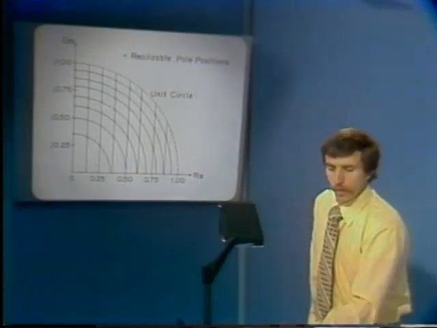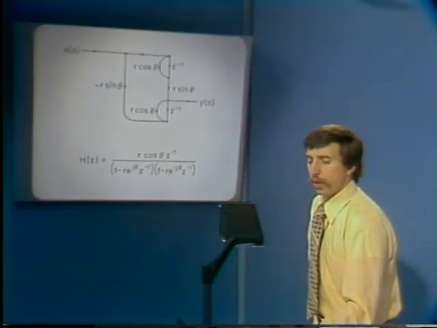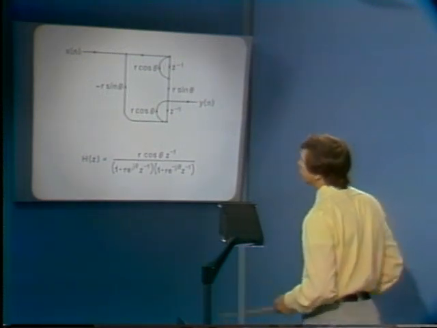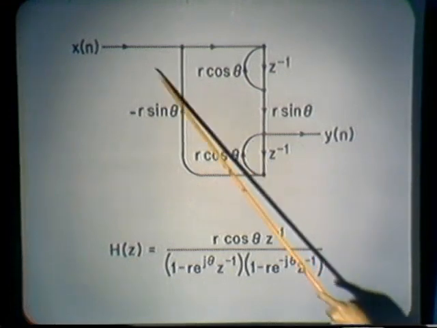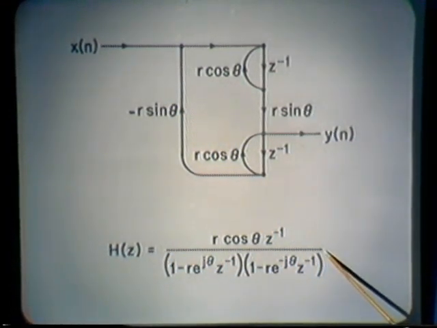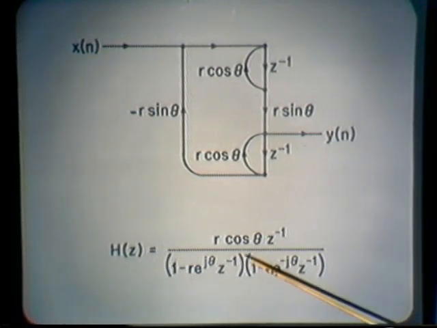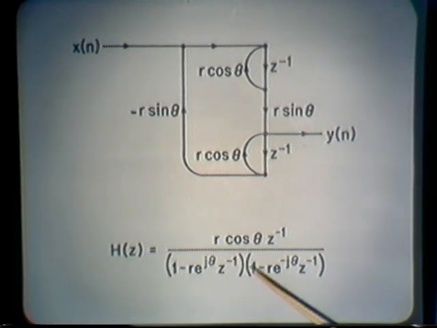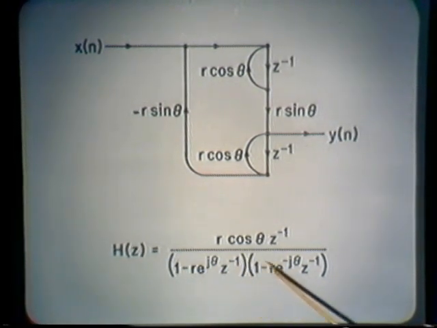Another possible implementation for a second-order pole pair is the so-called coupled form implementation. I won't justify here by inspection that the transfer function is given by the same expression as for the direct form structure that I showed previously, but in fact it is. And the poles in this case fall at, again, r e to the j theta and r e to the minus j theta.